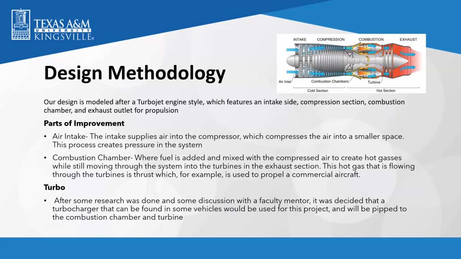The combustion chamber was necessary to mix the air and the fuel, and we had to make sure it was systematic enough to create the thrust needed for that 100 pounds of thrust, or 1 horsepower, or whatever we could exceed at this point. Hot gases will then blow through the turbine, which will create the thrust we needed to propel.